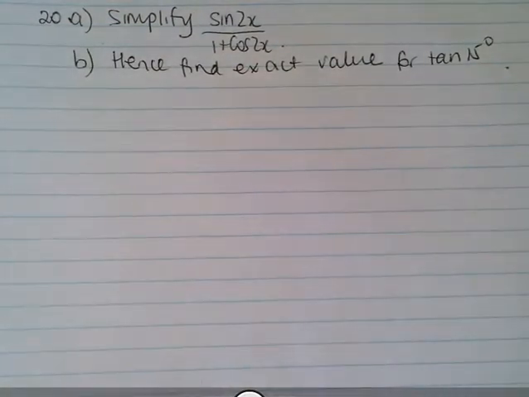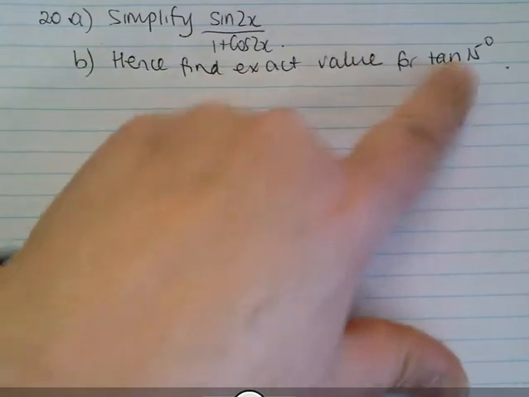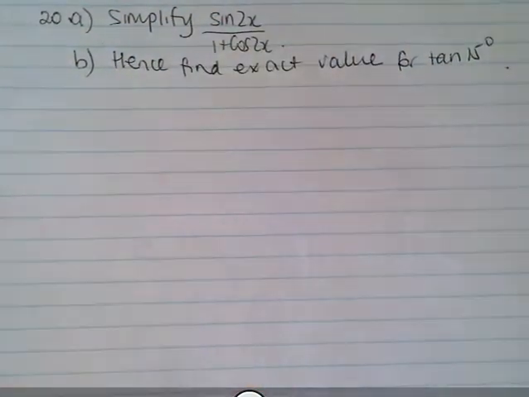But this is another way we can find the exact value for tan 15. Remember, we only know exact values for 30, 45 and 60. So any combination of 30, 45 and 60, we can use sums and differences. However, they're asking us to find the exact value for tan 15 using another method this time.